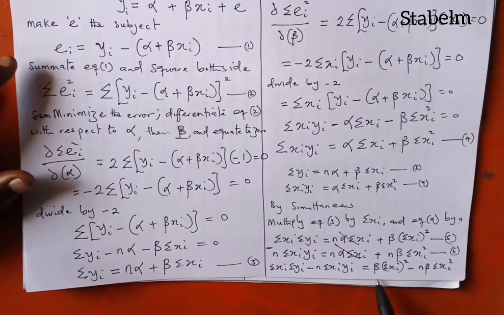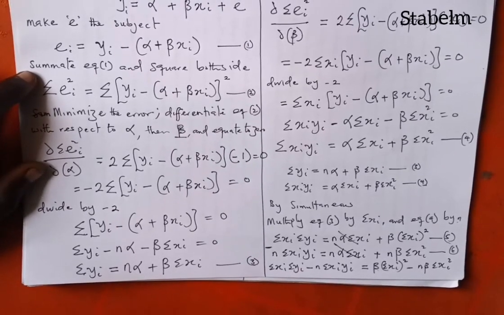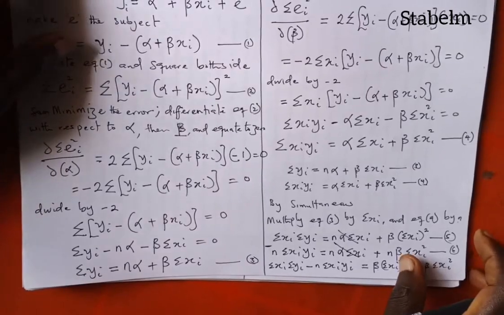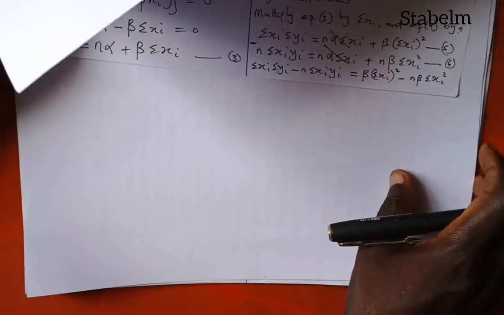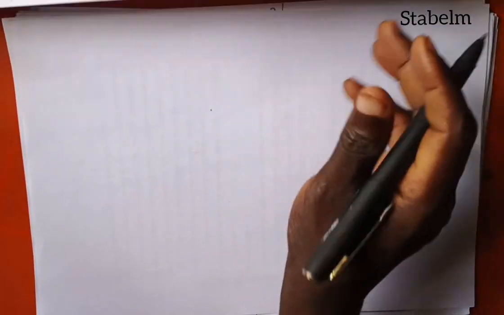So from here now we have beta and we have beta. We can make beta the subject from that point. So how do we do this? Let's continue from here.